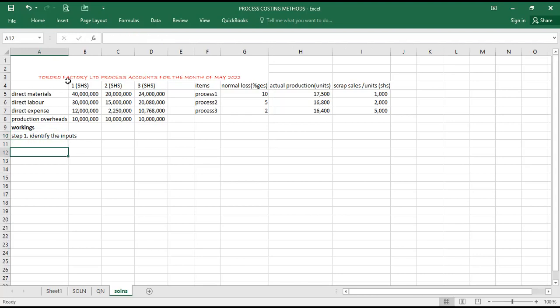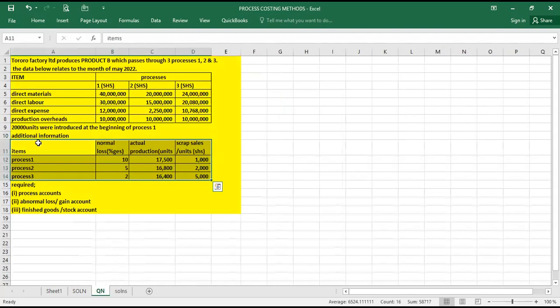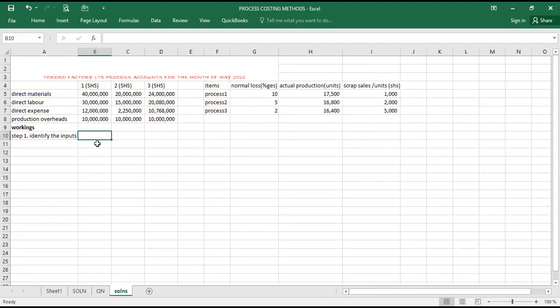And we've seen that the input in this system, they told us it was this figure, it was 20,000 units. So we are going to put our units there, 20,000. Remember, these are in units. Identify the units. Then step number 2.